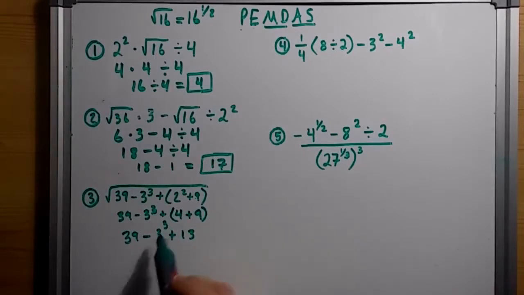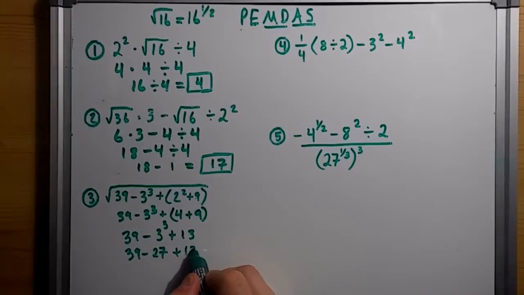Looks like I have an exponent, so 3 to the power of 3. 3 times 3 times 3, that's going to give me 27. Now 39 minus 27 is going to give me 12. And 12 plus 13 is going to give me 25.